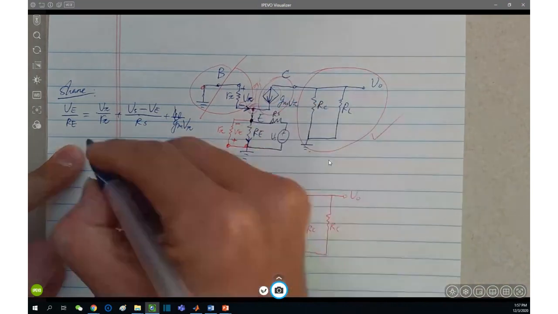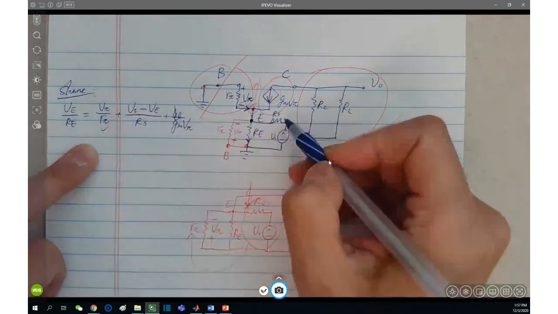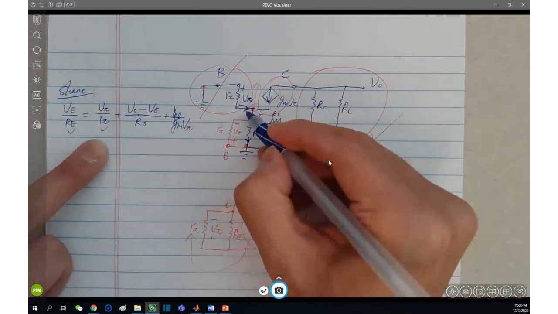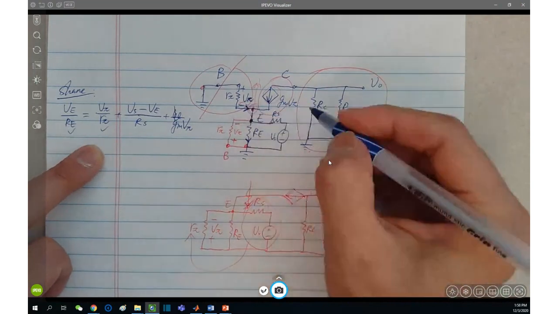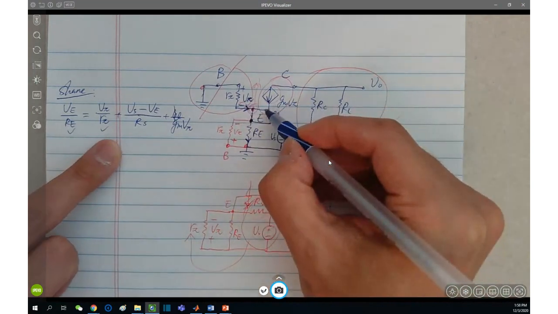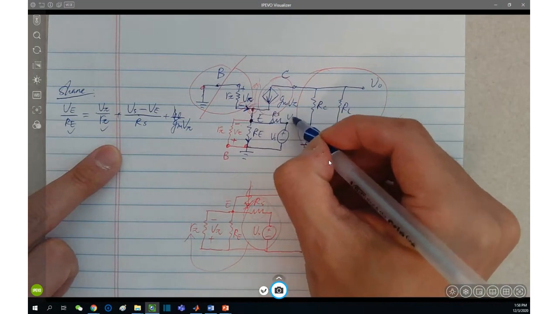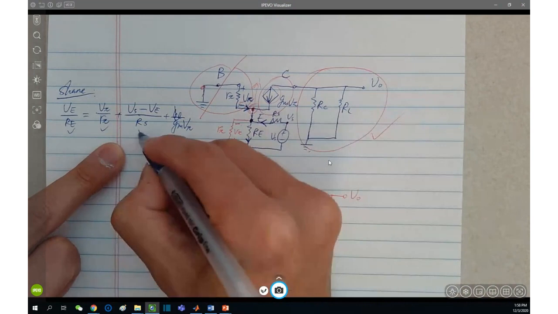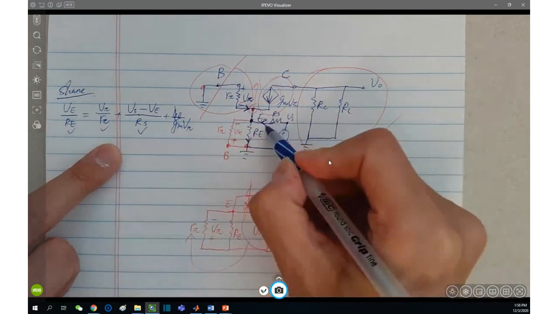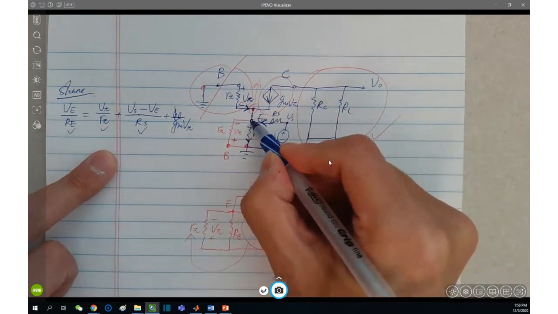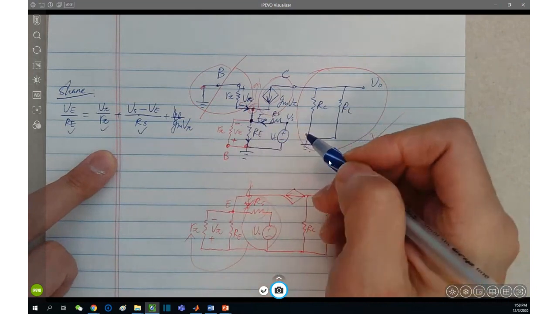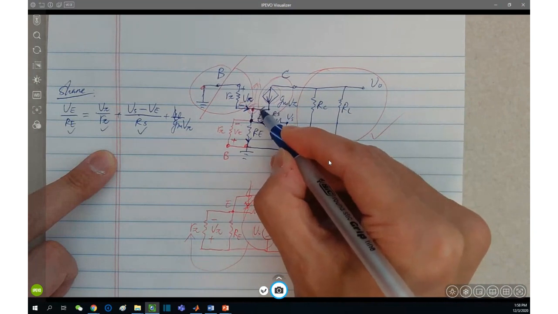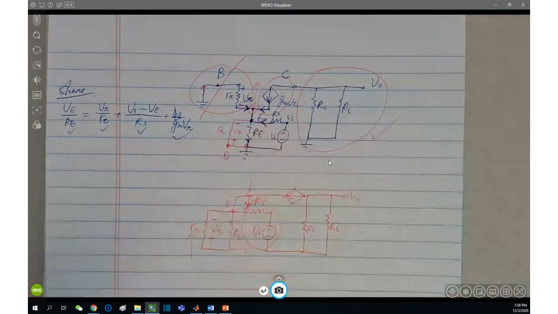So this is good, because this VE over RE is leaving and it equals the current going into it. And then what else? It equals VS, which is here, minus VE divided by RS. Very good, there's also another current entering the emitter. Then he has the very last current, which is GM times V pi going into the emitter. Correct. His equation is correct.